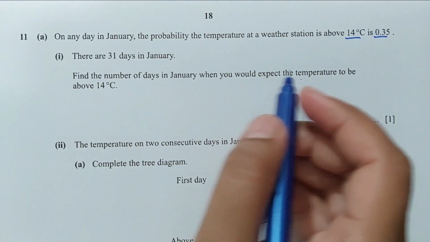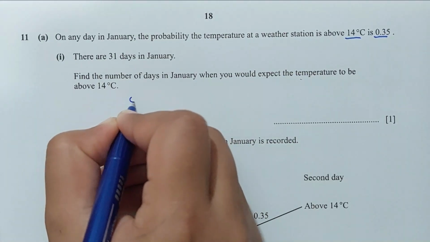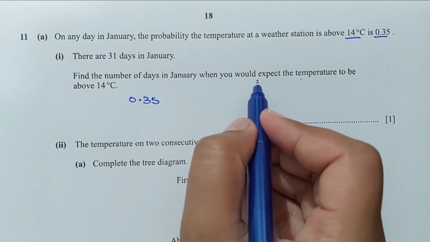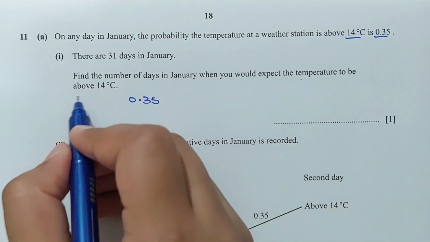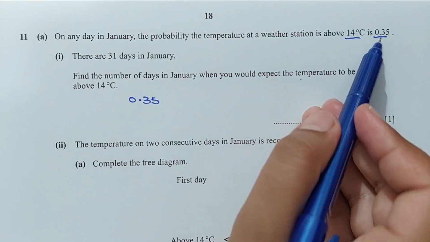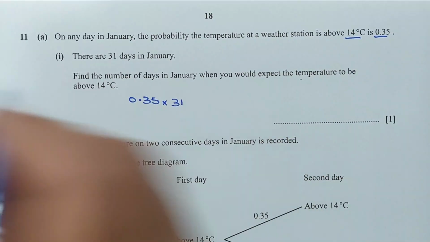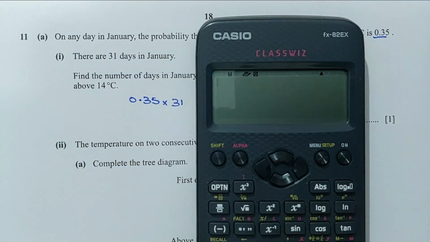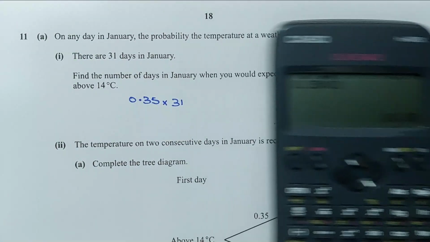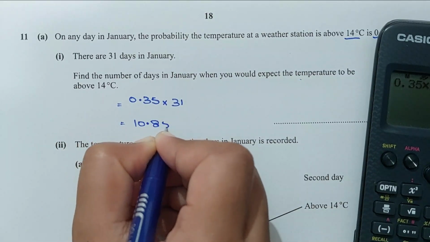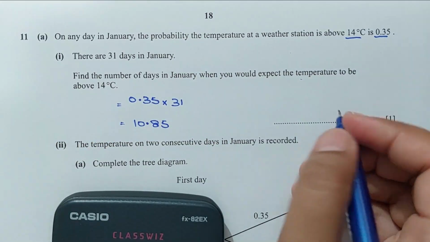So the probability 0.35 is multiplied by the number of days in January, 31 days. So 0.35 times 31 is 10.85. So the expected number, you can take 11.